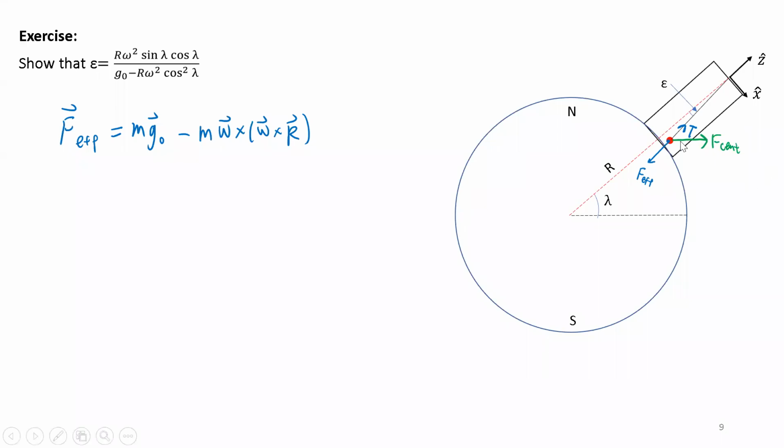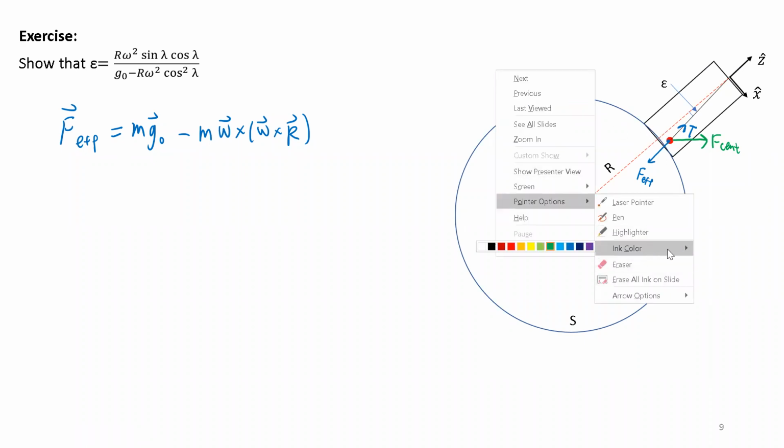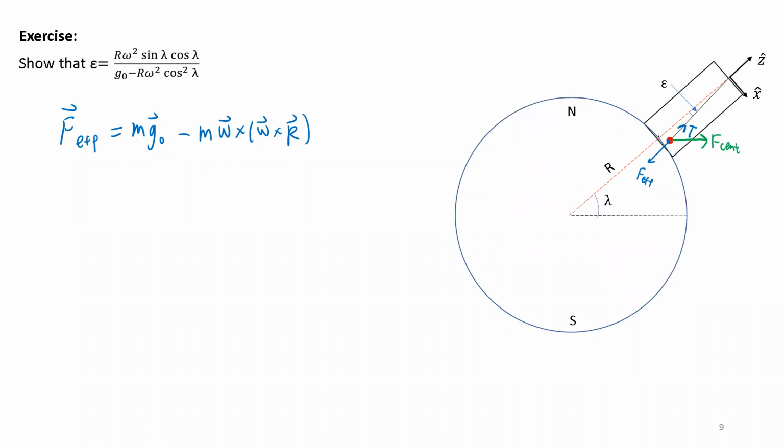Again, let me remind you how I set up the coordinate system. I really should have drawn these two things at this point, but I don't have enough space here. Let's say this is the origin of our coordinate system. So what is this g naught?